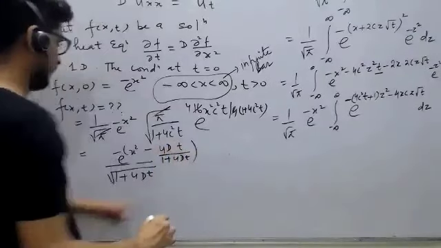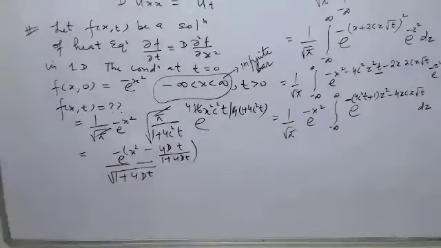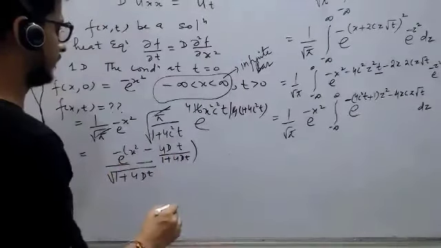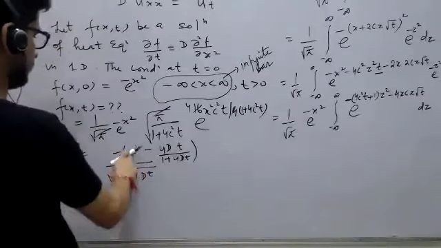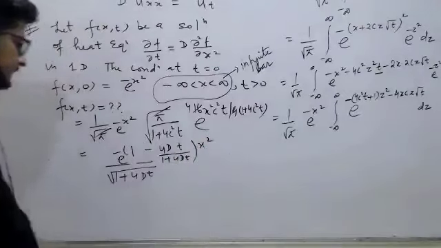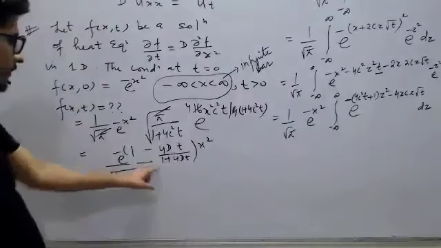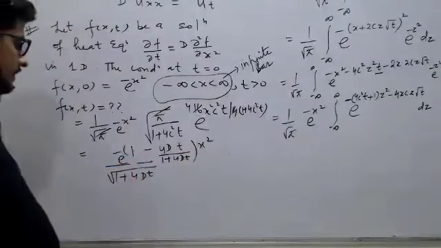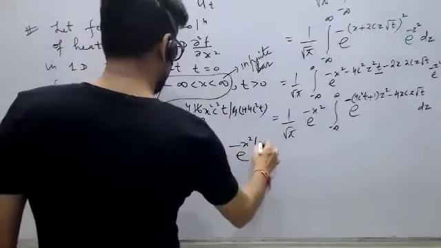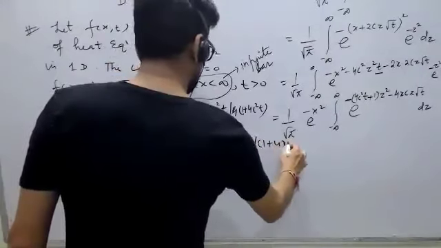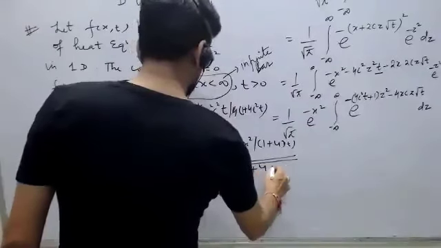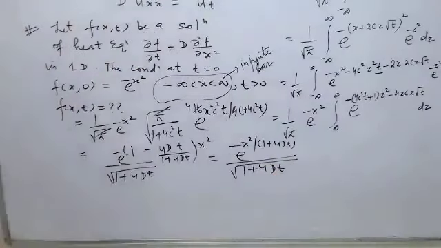Now take the LCM. There is an x square term also. So x square, correct? If you take 1 plus 4ct minus 4ct, so 4ct will be gone. So it will become e to the power minus x square by 1 plus 4ct, by under root 1 plus 4ct. This is the solution.